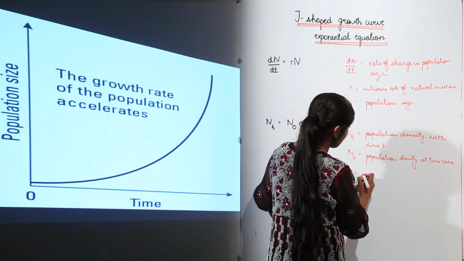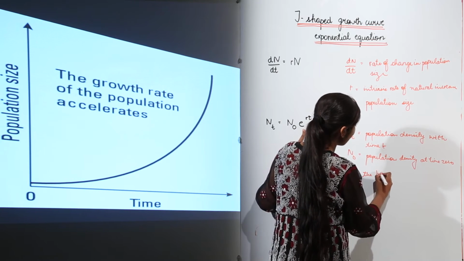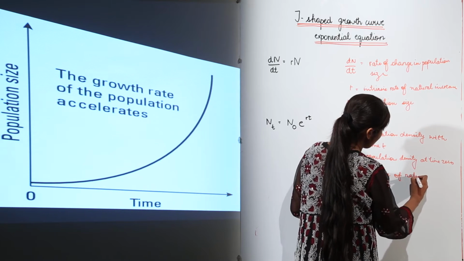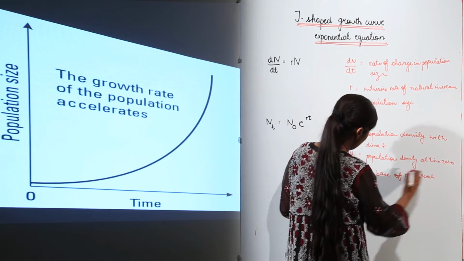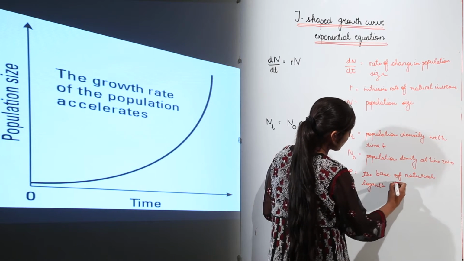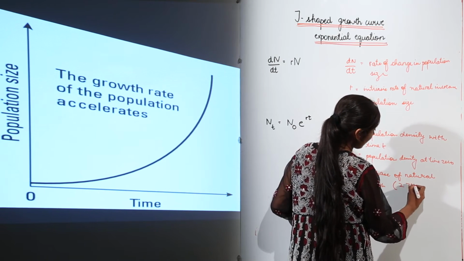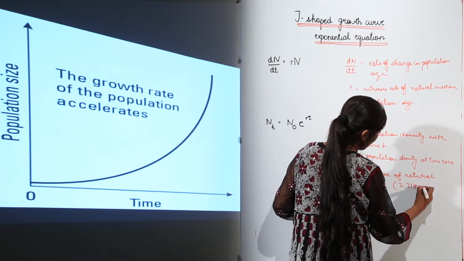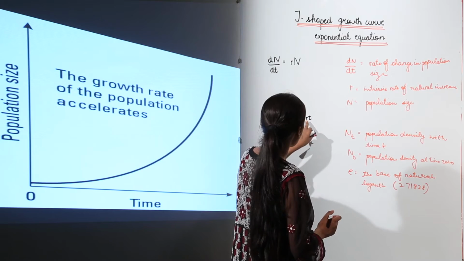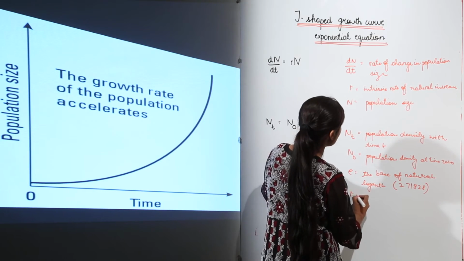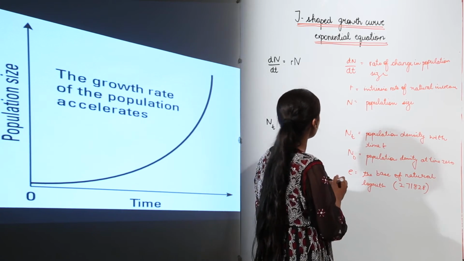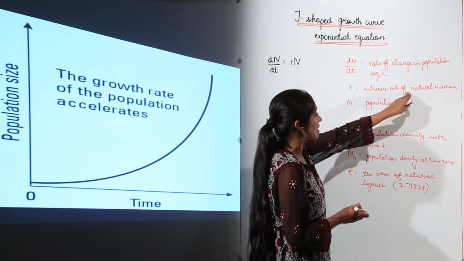This e is the base of the natural logarithm, and its value is 2.71828. You can write it like this. And this r you already know, it is the intrinsic rate of natural increase.